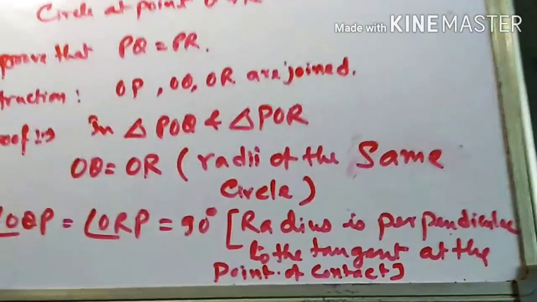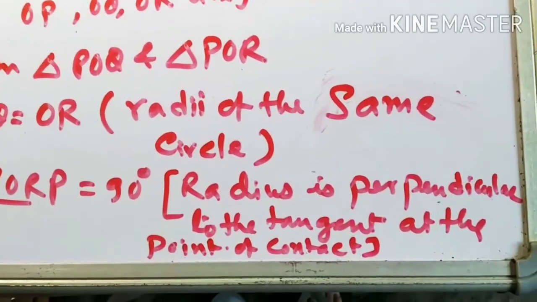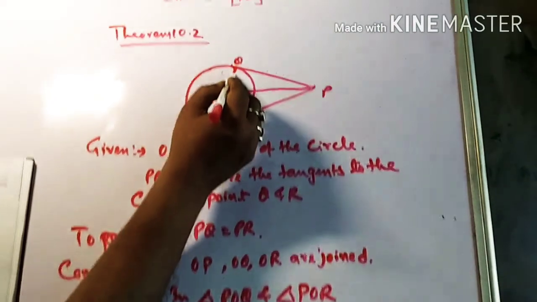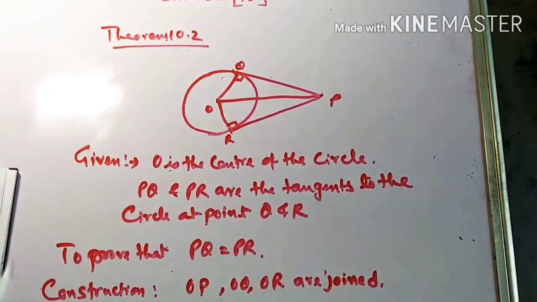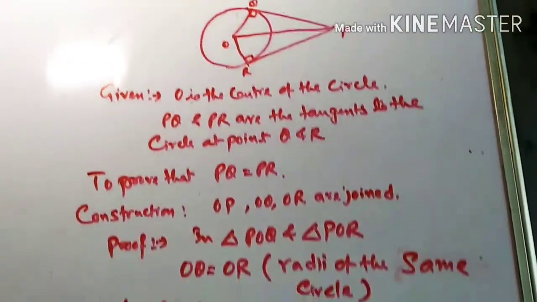Since the radius is perpendicular to the tangent at the point of contact, these two angles are 90 degrees.